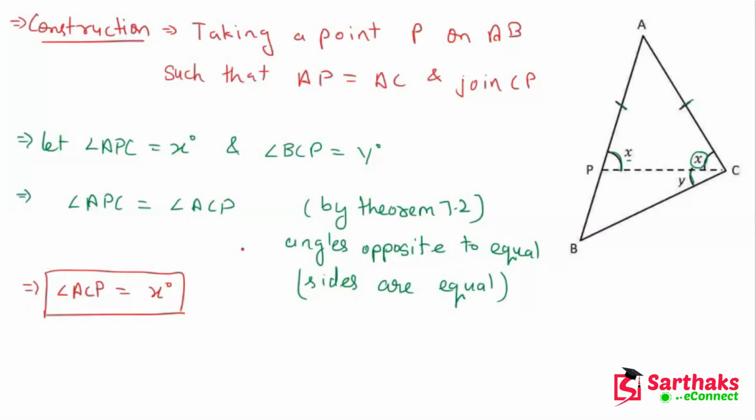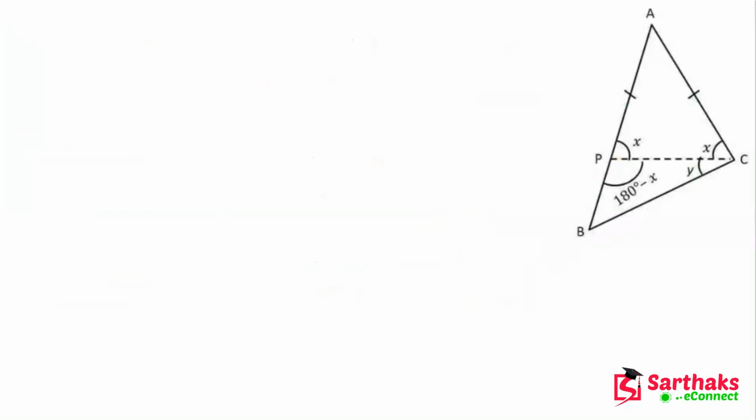Now on line AB, this angle x plus angle BPC, they form a linear pair. So on line AB, angle APC plus angle BPC is equal to 180 degrees, because of the linear pair.